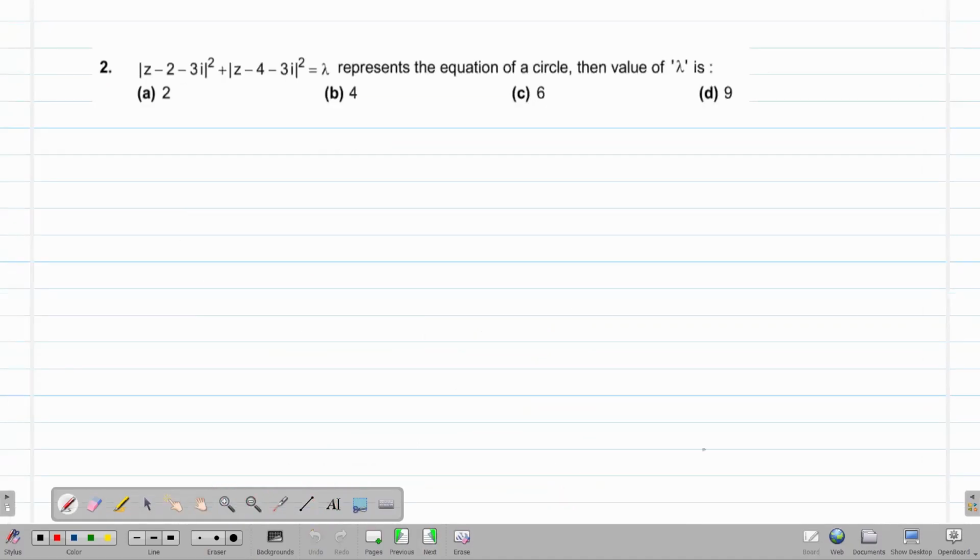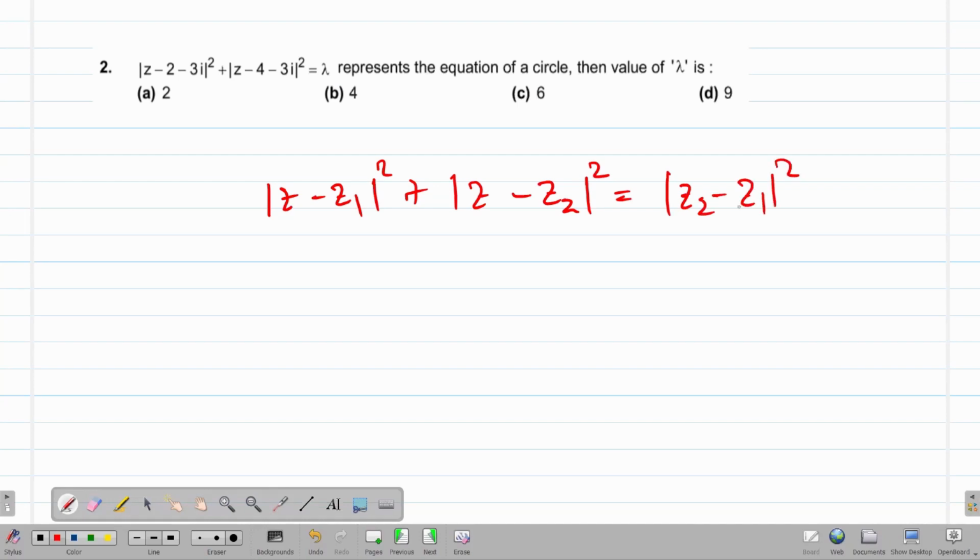Now next, what is written here is that (z minus 2 minus 3 iota) whole square plus (z minus 4 minus 3 iota) whole square is equal to lambda represents the equation of a circle. Since we know that (z minus z1) whole square plus (z minus z2) whole square is equal to (z2 minus z1) whole square, the locus of z is a circle where z1, z2 are the extremities or the end points of the diameter.